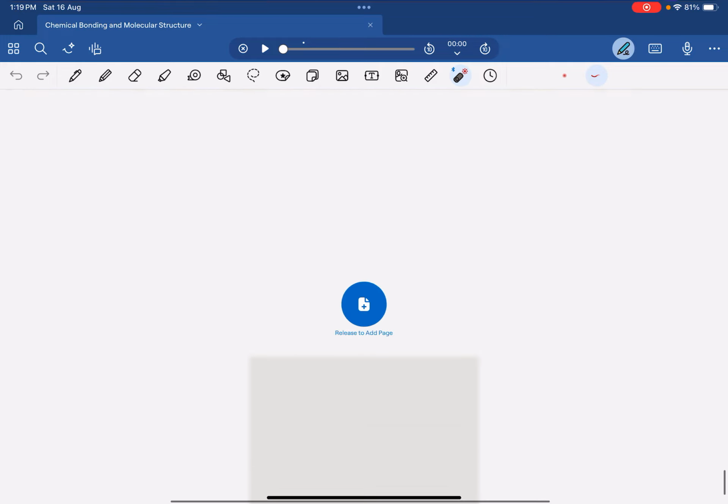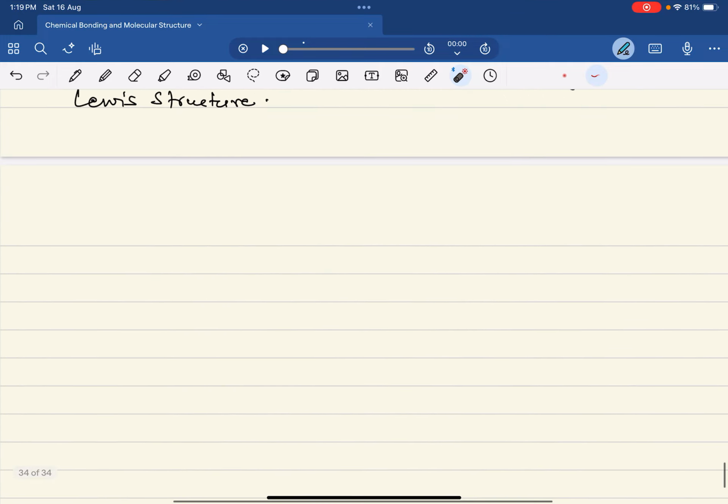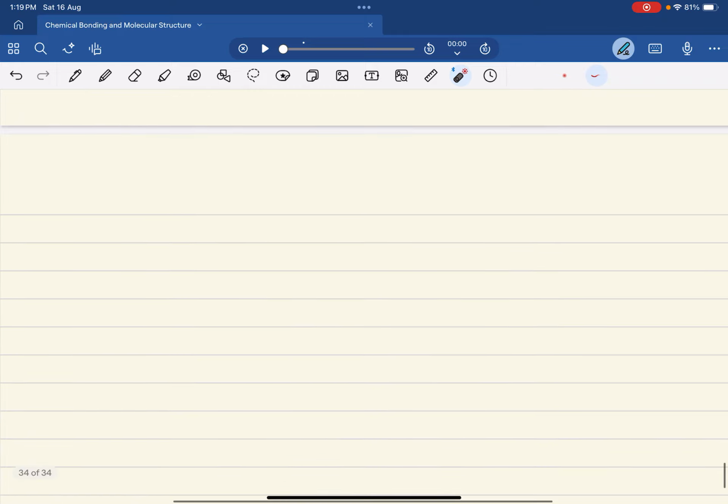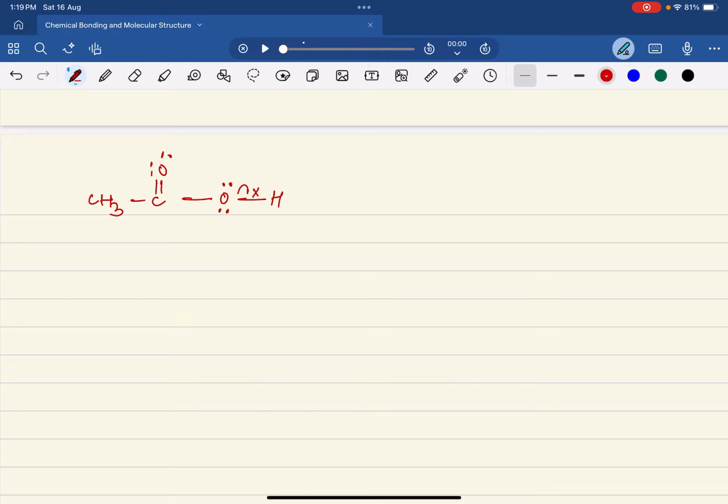Then I am going to explain why stability is not directly proportional to the number of resonating structures. For example, acetic acid, CH3C double bond OH. We know that in acetic acid, in this O-H bond, oxygen is more electronegative.